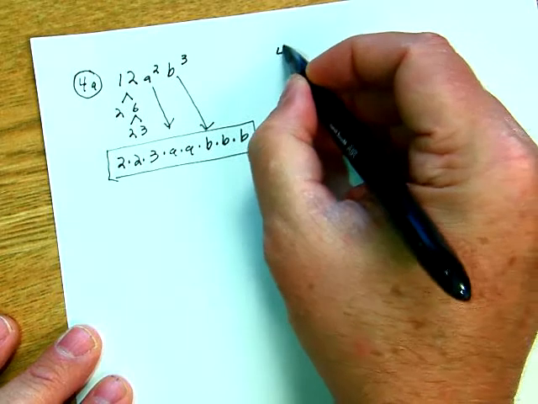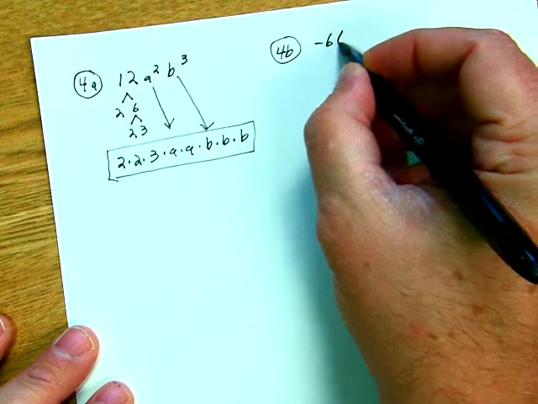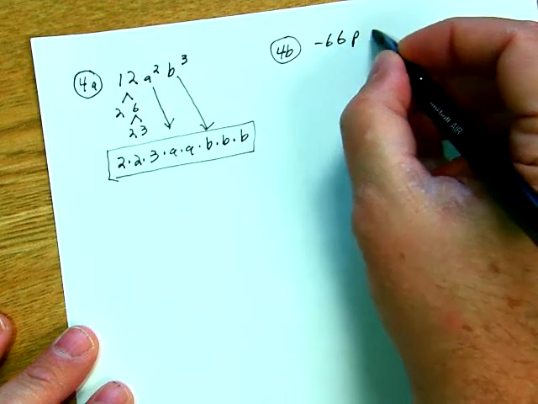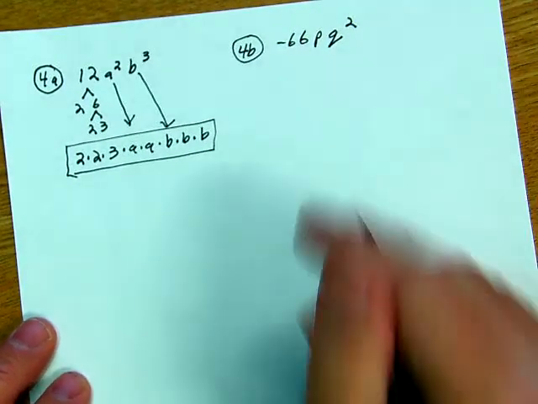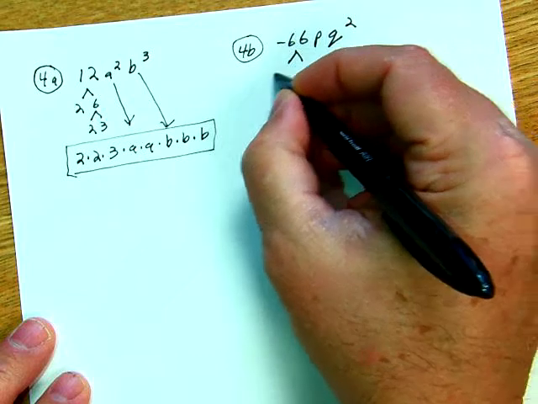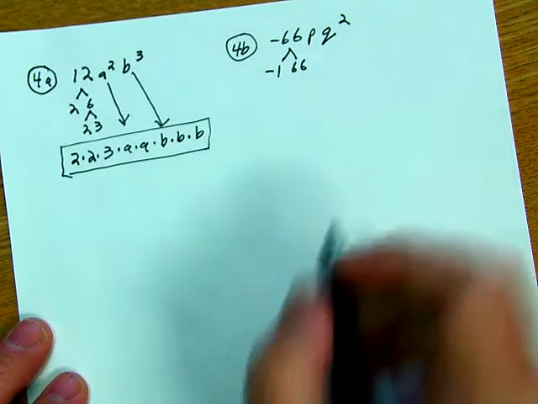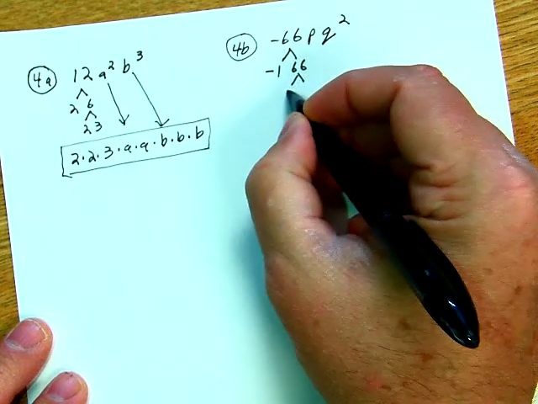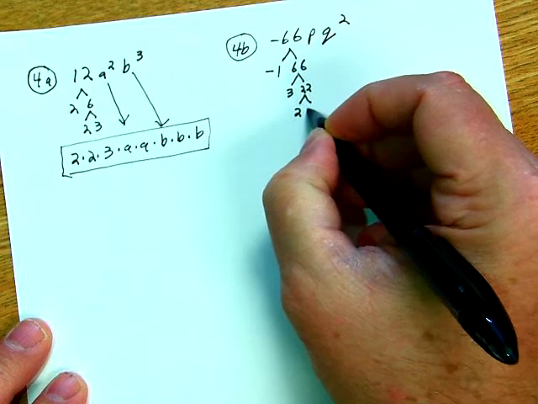How about another example, 4b in your book? Negative 66pq squared. Okay, well, let's do it again. Tree it, negative 66 and 1. Negative number, always do negative 1 first. And let's say 3 and 22 and 2 and 11.